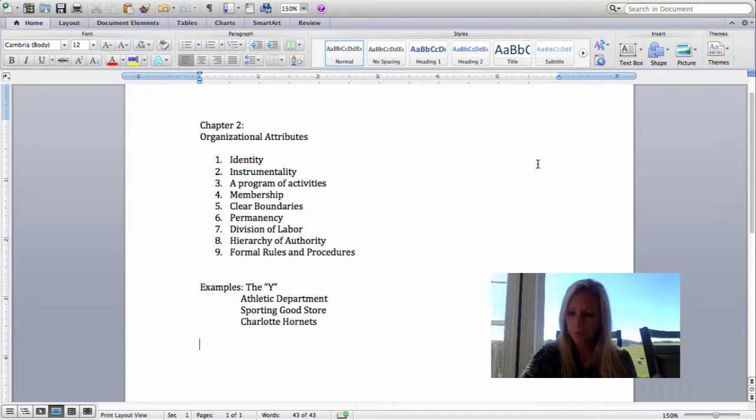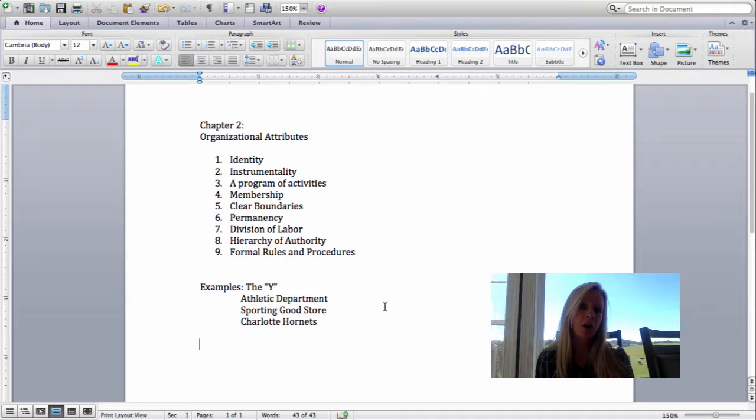Another example, maybe an athletic department or the Charlotte Hornets. You purchase that ticket. That ticket is instrumental in what?